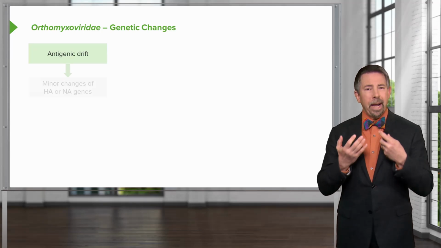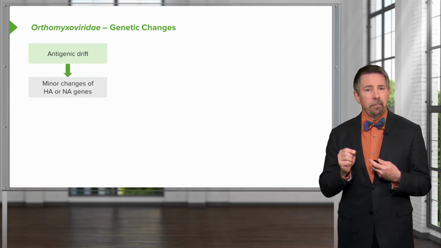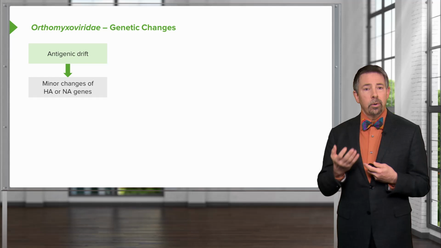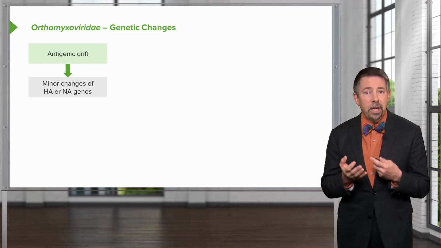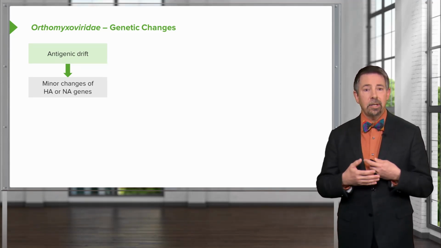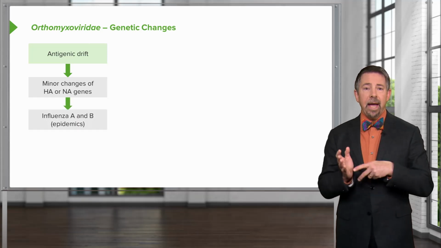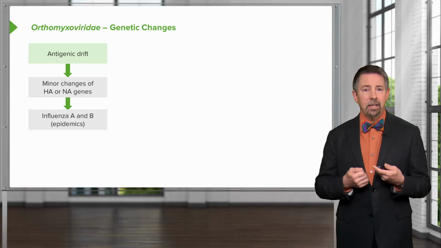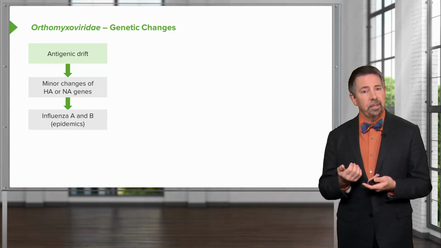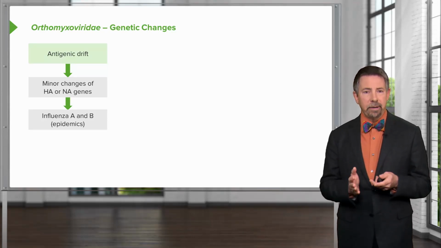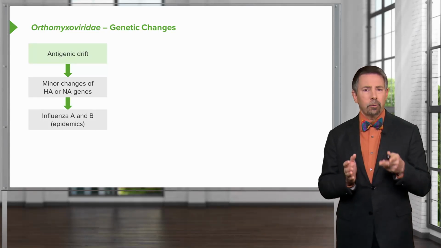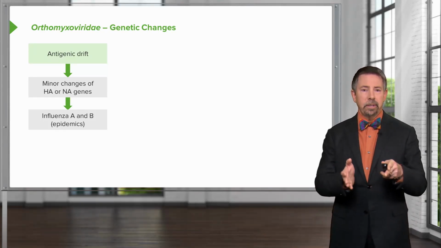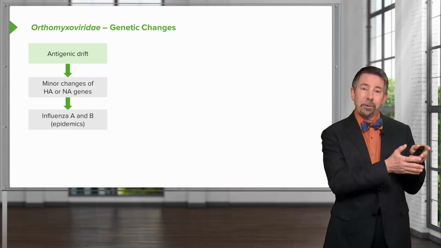So it's minor changes, and when they occur, they will change the hemagglutinin or the neuraminidase genes, which will change the antigenic recognition of the influenza A, and we have the effect of a new virus affecting the world, leading to an epidemic. So, antigenic drift. Slow, gradual, very much like an iceberg drifting slowly on the ocean.